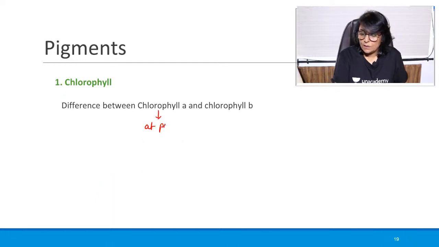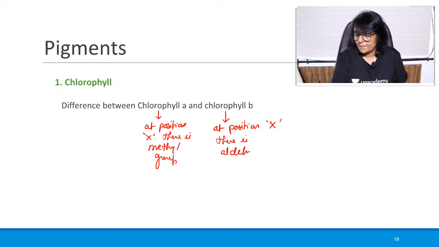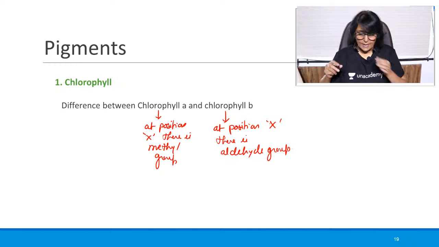At position X there is a methyl group, and in case of chlorophyll B at position X there is an aldehyde group.